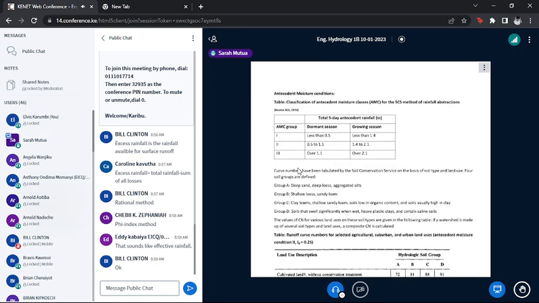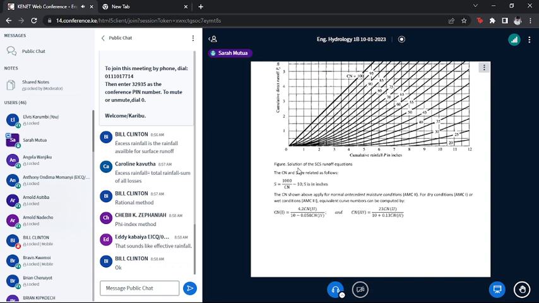Of course, but remember, the rational method is only used in design, mostly in urban hydrology.